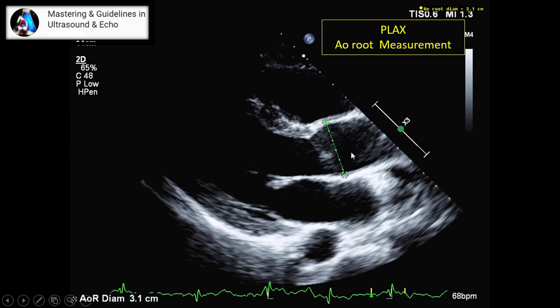We measure at the end of diastole when the aortic valve is closed, and we measure outer to inner, or leading edge to leading edge.